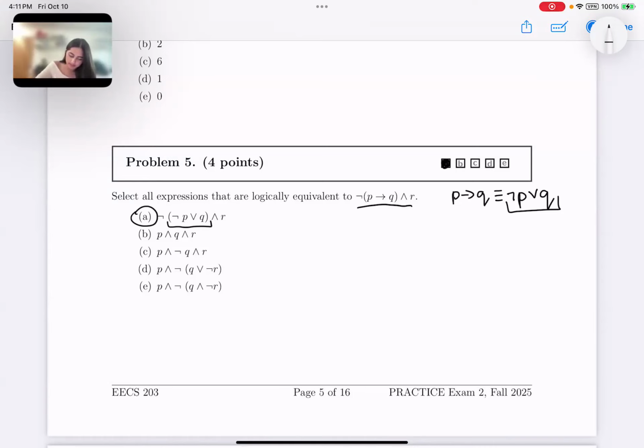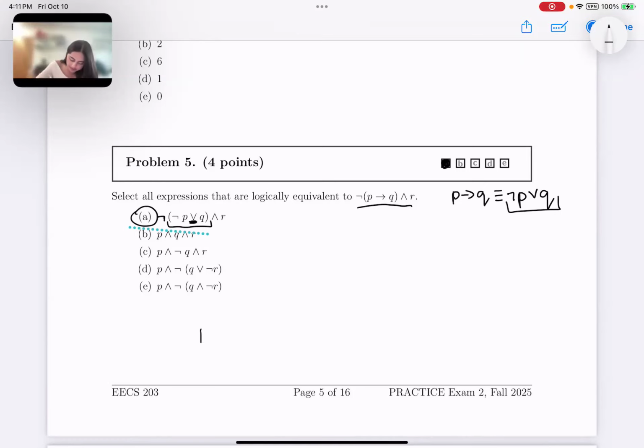Okay, so now we can look at answer choice B, P and Q and R. You might be wondering where this and is coming from because it seems like we have an or over here. We also have a negation outside of this statement. So what we can do is apply that negation and apply De Morgan's law in order to get an and.